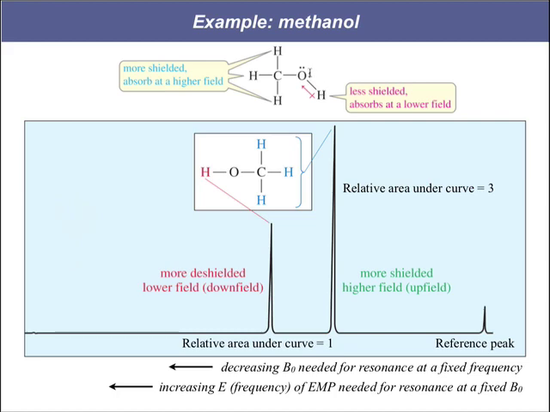The oxygen is going to be removing electron density from that hydrogen. That deshielding means that we need less magnetic field to get it to precess. The more shielded protons, the ones that are farther from the oxygen, have more electron density around them and therefore need more magnetic field to get them to precess.